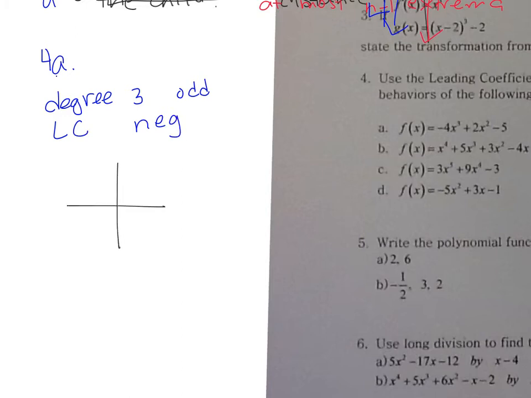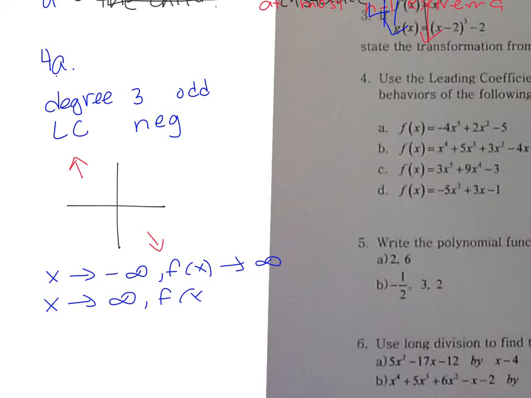So on your graph, since it's negative and odd, it'll go up to the left and down to the right. That means as x goes to negative infinity, f of x goes to infinity, and as x goes to infinity, f of x goes to negative infinity. Okay, let's take a look at 4b.